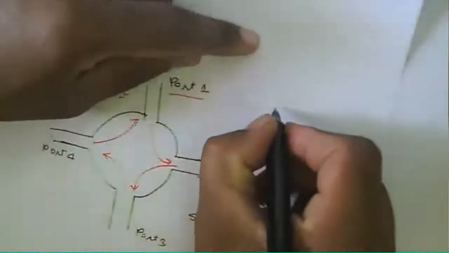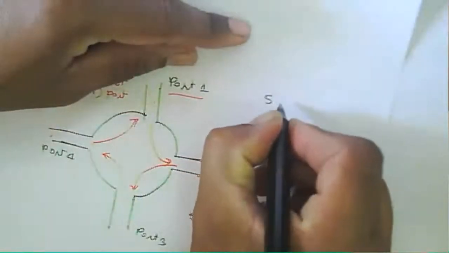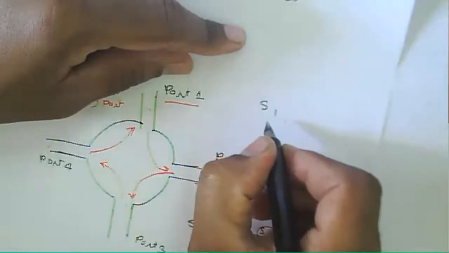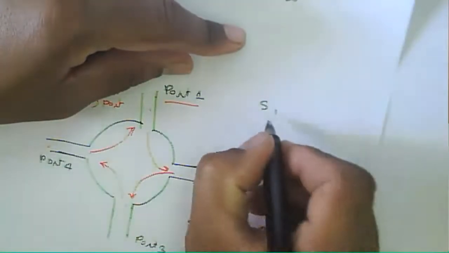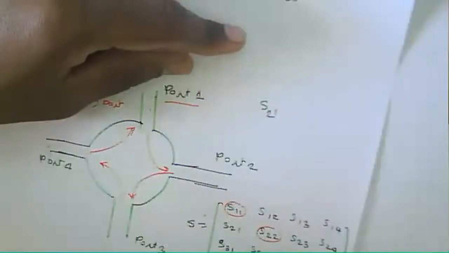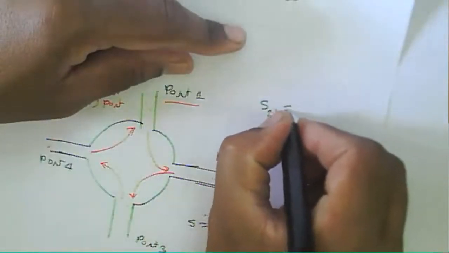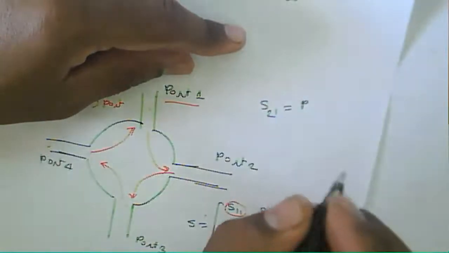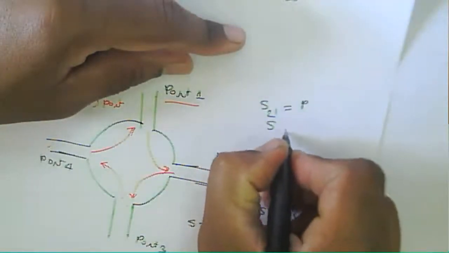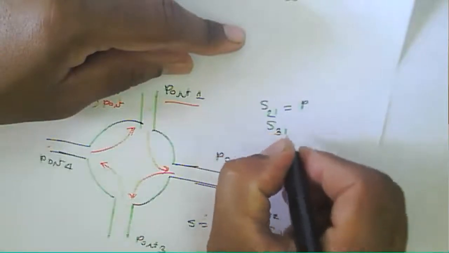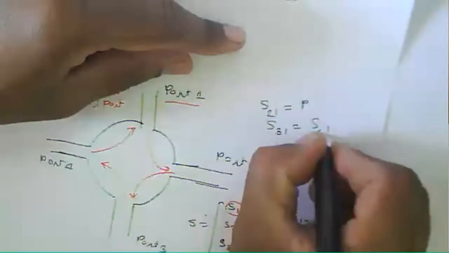Next, if I provide the input to port 1, output is available at port 2. But if I provide the input to port 1, output will not be available at port 3 and output will not be available at port 4.